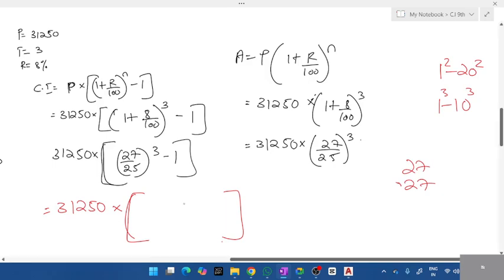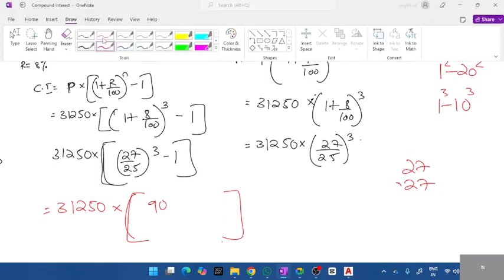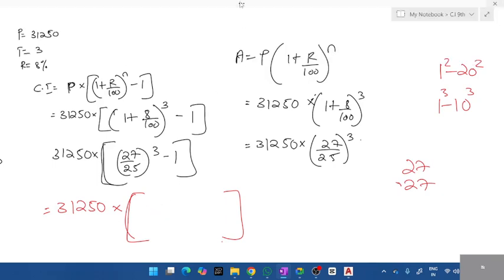Be a bit louder, students. 19,683, right? 19,683 divided by 25 cube.